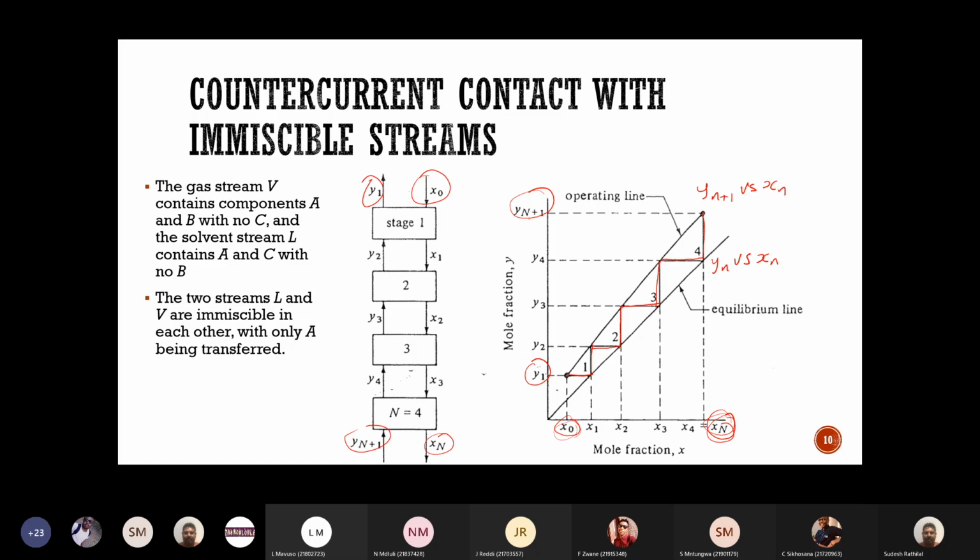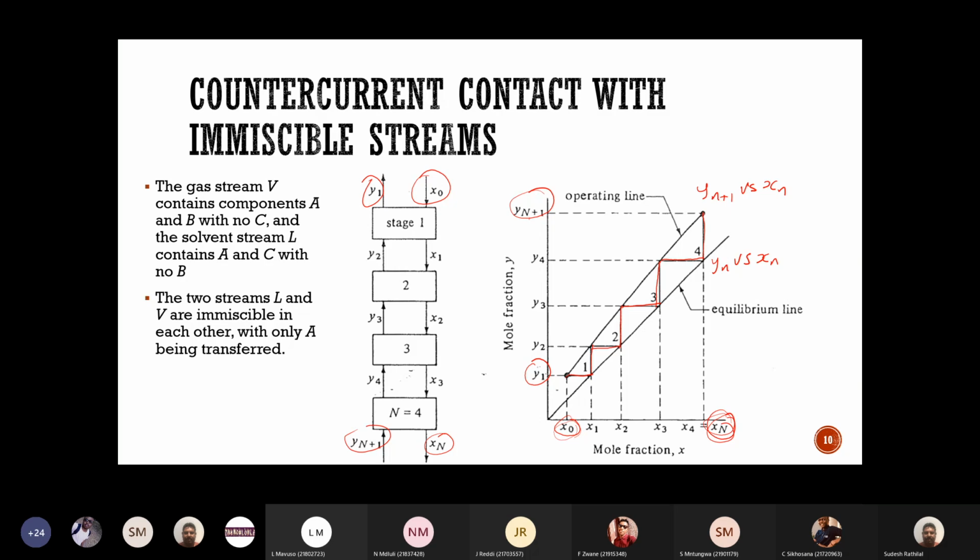So I told you on Tuesday that many of our solutions involve graphical solutions. You have to draw the graphs. You must have graph paper with you. You must have a ruler, because when you're constructing these curves and lines and steps, they must be straight lines. You can't do what I'm doing here.